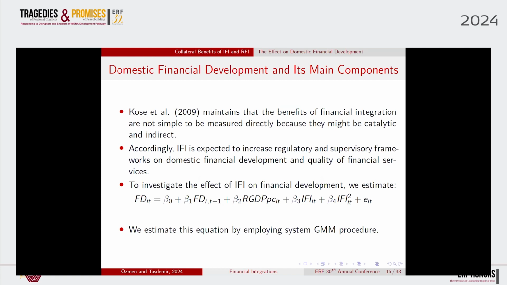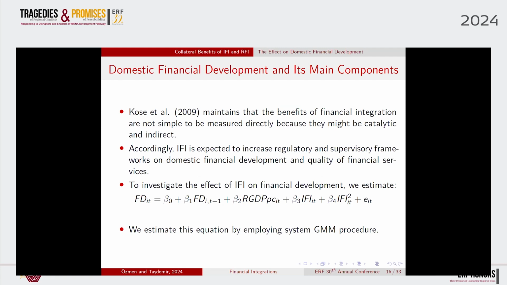In this slide, you can see the equation that investigates the relationship between international financial integration and financial development. To examine the association between these variables, we control the effects of real income per capita, consistent with the remarks by Kose.